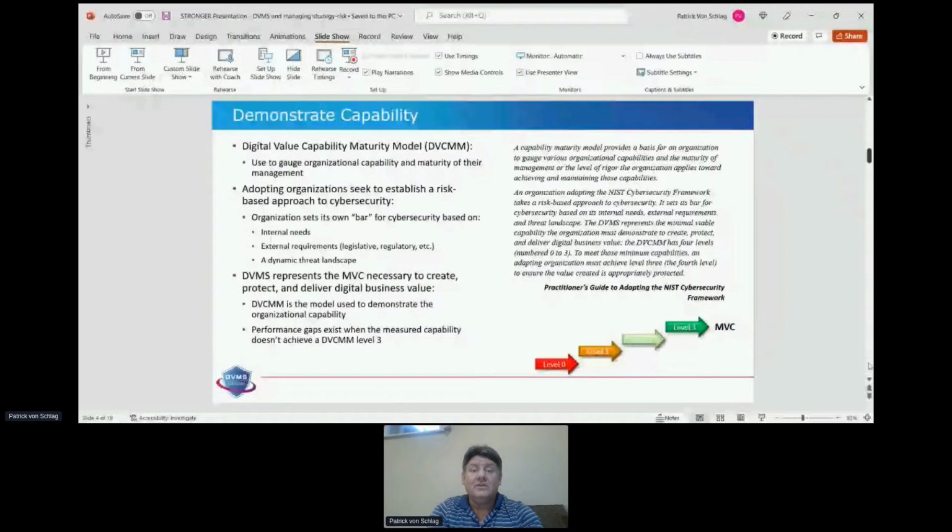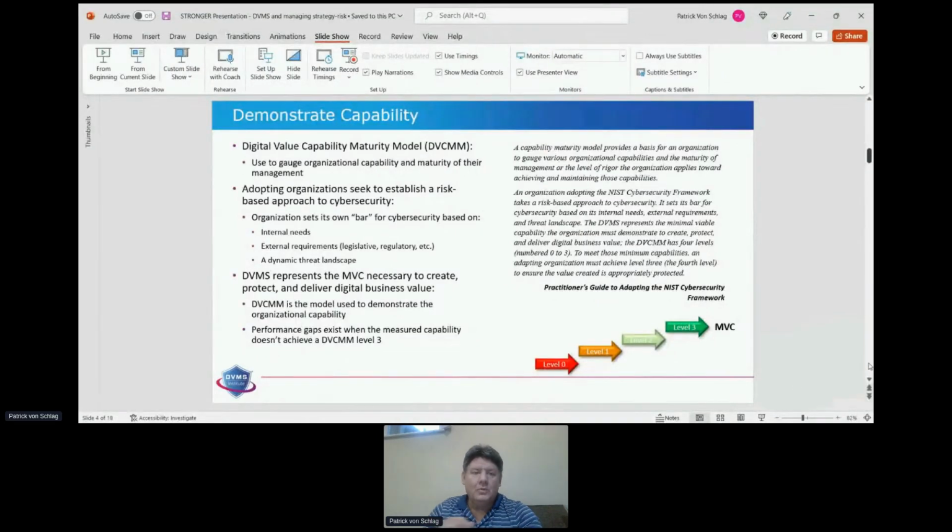What is the organization's relative level of maturity in being able to maintain this alignment between the organization's strategic objectives and what we do to provision and deliver services, and to be able to successfully create, protect, and deliver on the organization's digital business value goals?